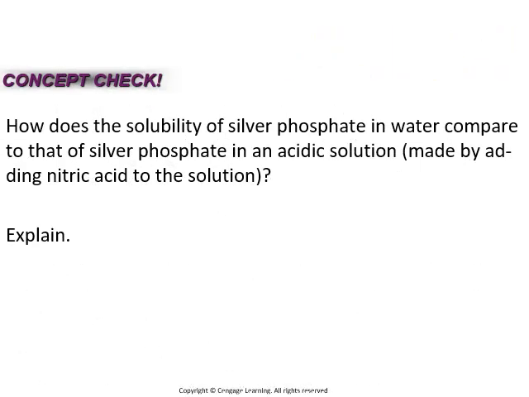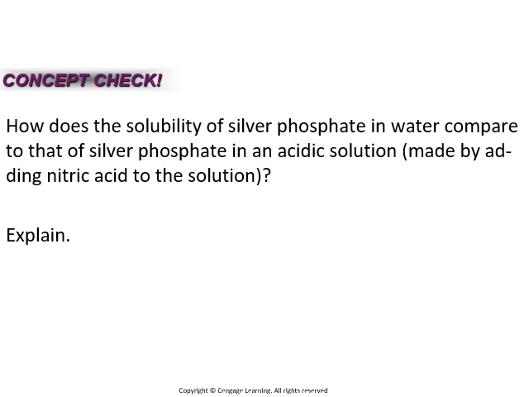Now, another question, how does the solubility of silver phosphate in water compare to the solubility of silver phosphate in an acidic solution? The answer here will be different because silver phosphate is going to break up into silver and phosphate. Phosphate is the conjugate base to phosphoric acid, or in this case, it would actually be HPO4 2 minus.